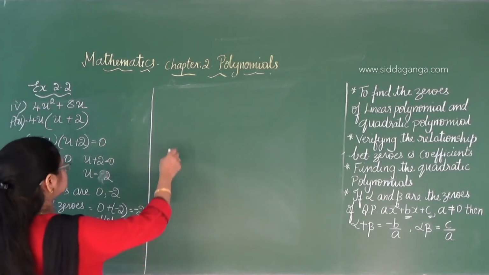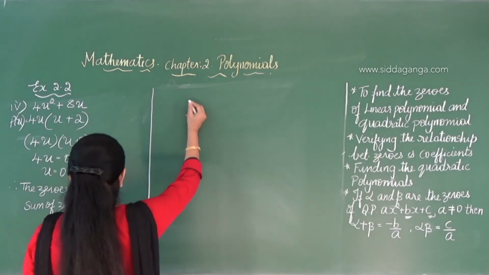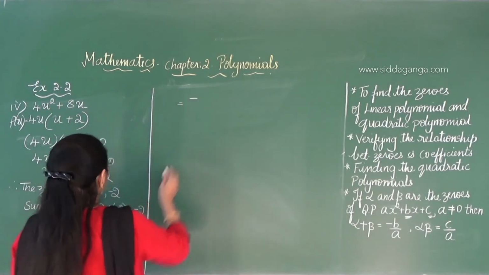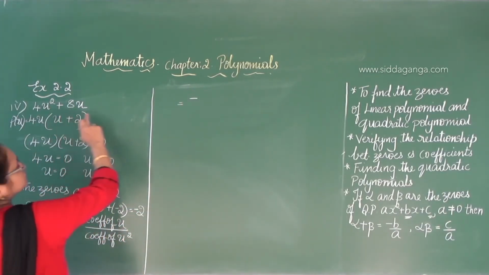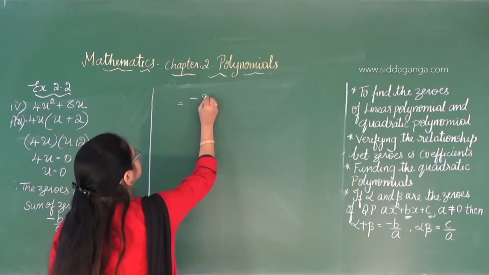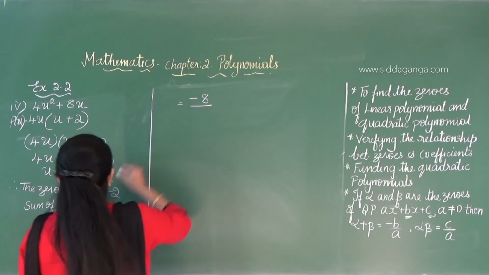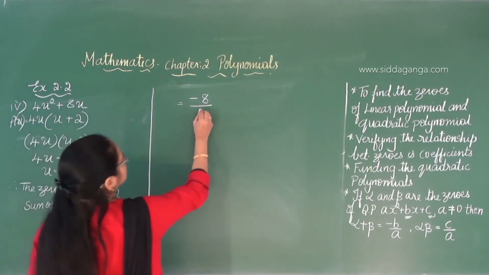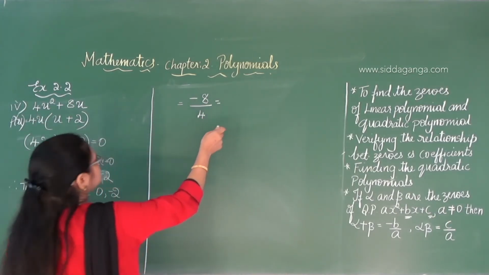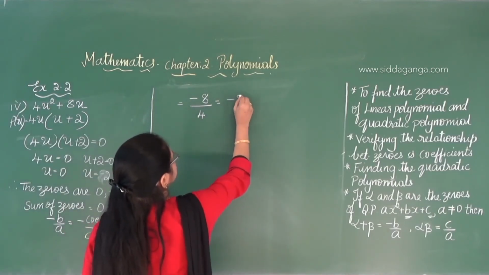Now here just see, you will get the answer: minus of coefficient of u. Coefficient of u is plus 8, so minus of plus 8, and coefficient of u square is 4. So what is the answer? Minus 2.